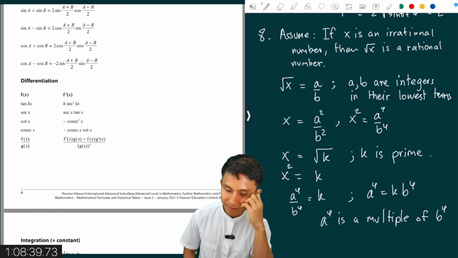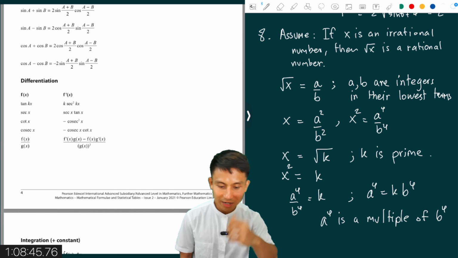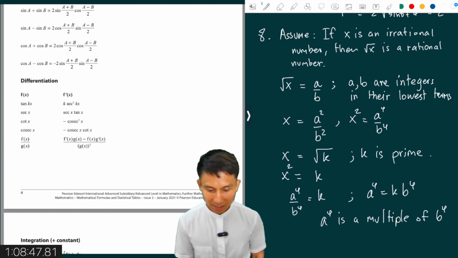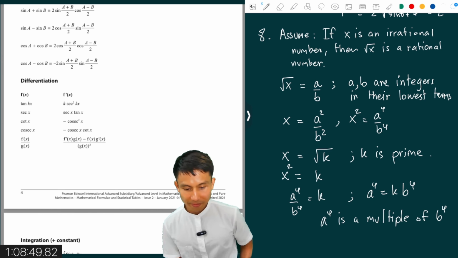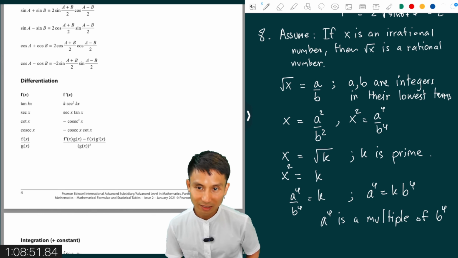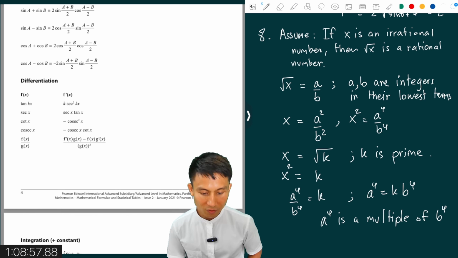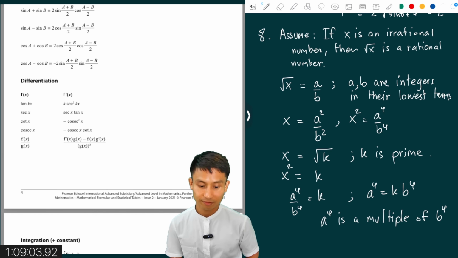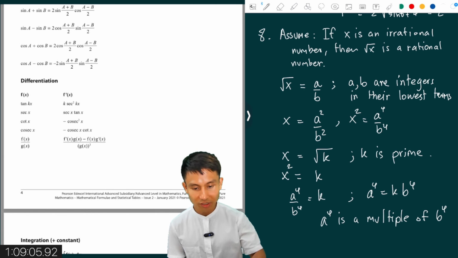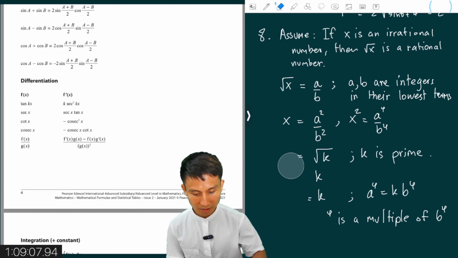So we assume that square root x is a rational number, and that is the definition of a rational number. And then we are dealing with x, x is an irrational number here. If it's an irrational number, a squared over b squared are not in lowest terms.